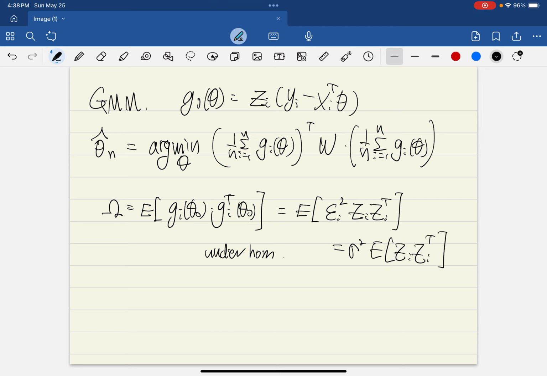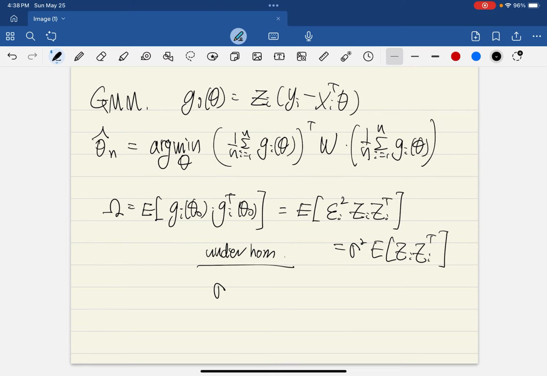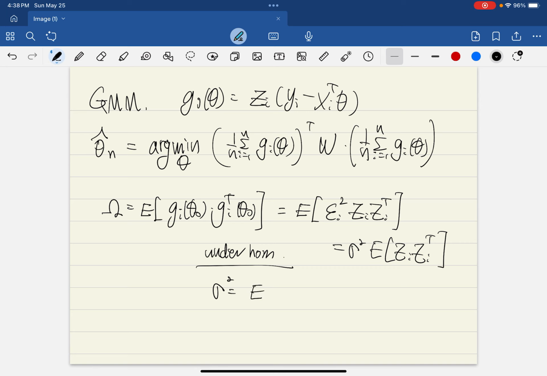It is your choice if you make the homoscedasticity assumption or not. And if so, the homoscedasticity assumption implies sigma squared is this. So for any z, the conditional variance of epsilon is sigma squared. That is homoscedasticity. Then you can separate sigma from z. That is common notation.